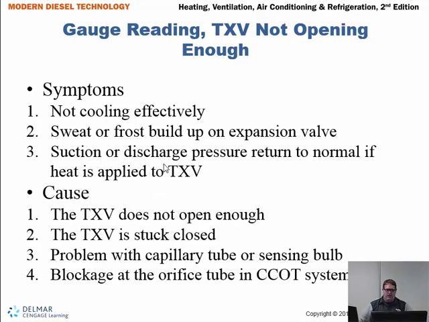We can actually go in and do something to warm it up or mess with the TXV to just see if that's the problem. Maybe the superheat setting on the TXV is not good, or the bulb is in the wrong place. The cause: the TXV does not open enough. The TXV is stuck closed. Problem with the capillary tube or sensing bulb, or a blockage in the orifice tube in a clutch cycling orifice tube system.